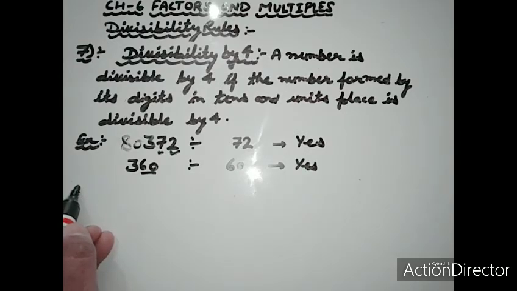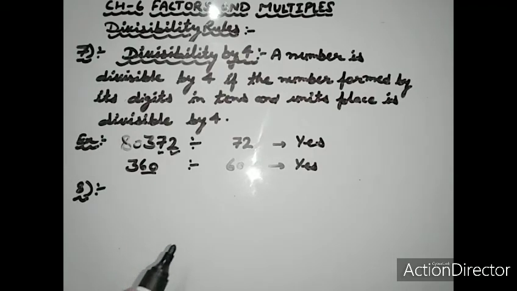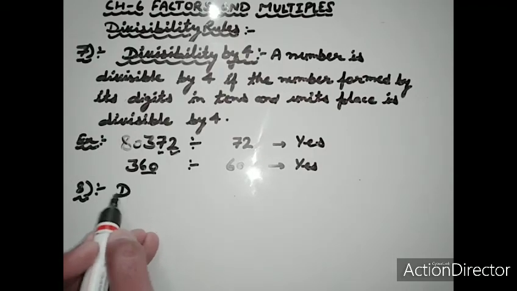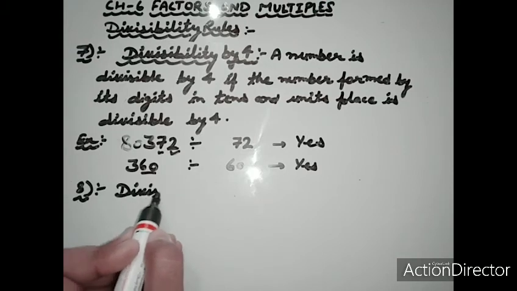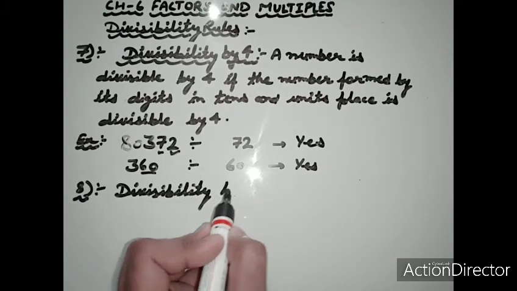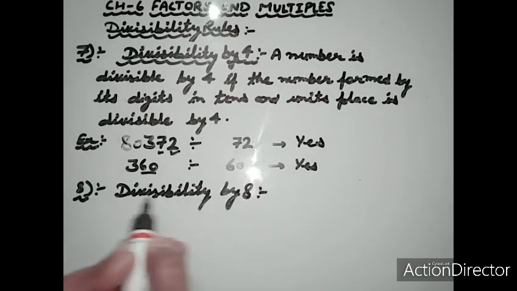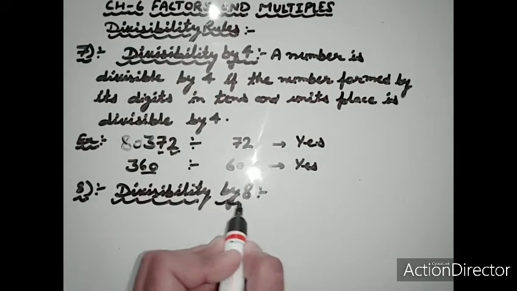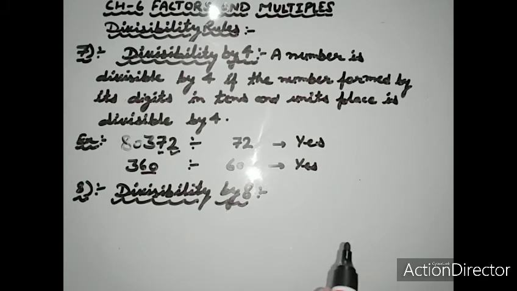Now the next rule is divisibility by 8. Divisibility by 8, right? This rule is similar to 4, but here we take 3 digits: units, tens and hundreds place, right?